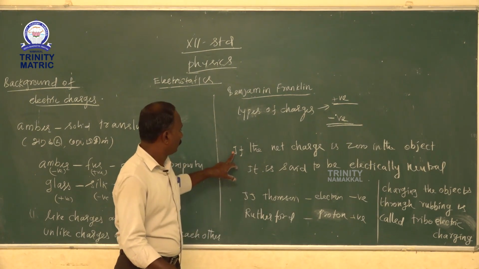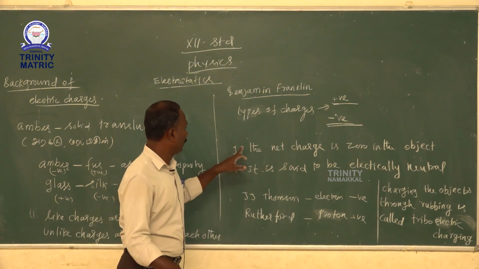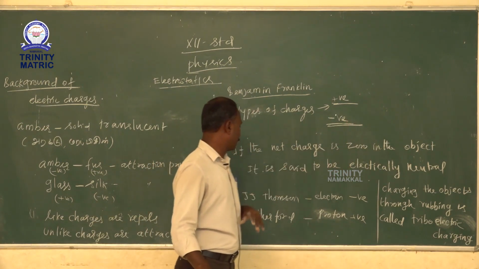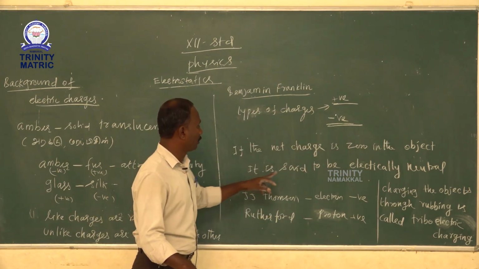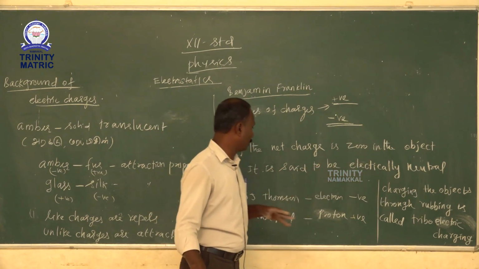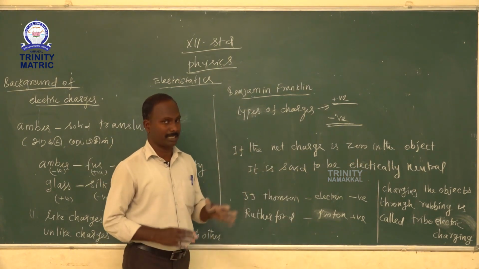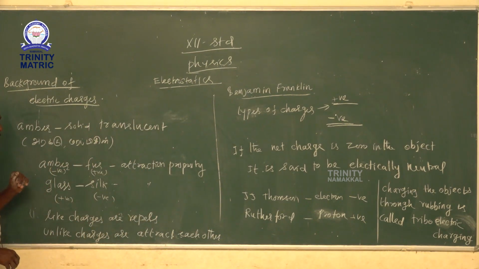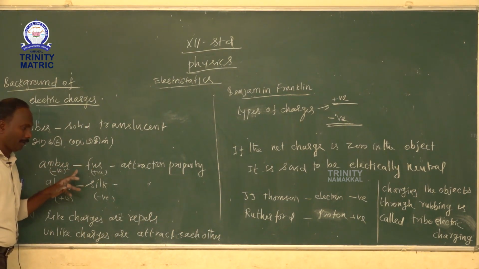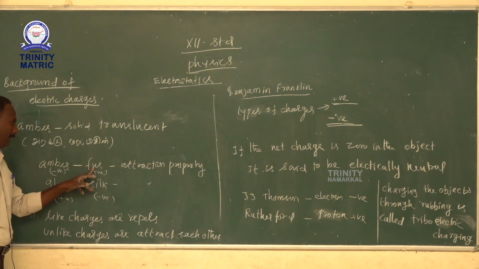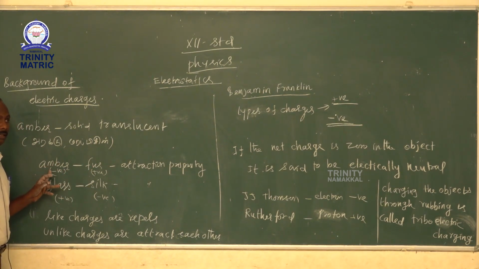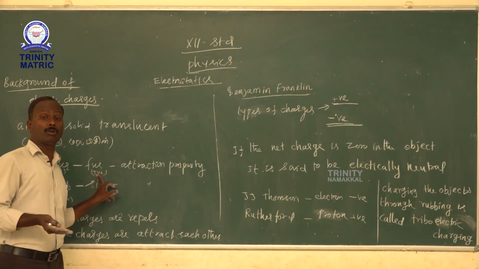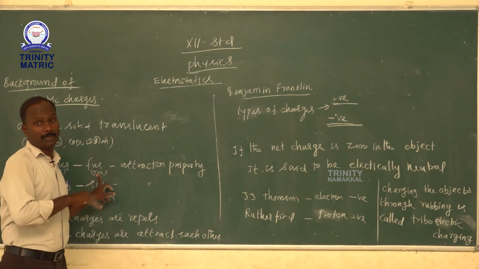Finally, if the net charge on an object is zero, it is said to be electrically neutral. Now, when the amber is rubbed with fur, the amber acquires a negative charge and the fur acquires an equal amount of positive charge.